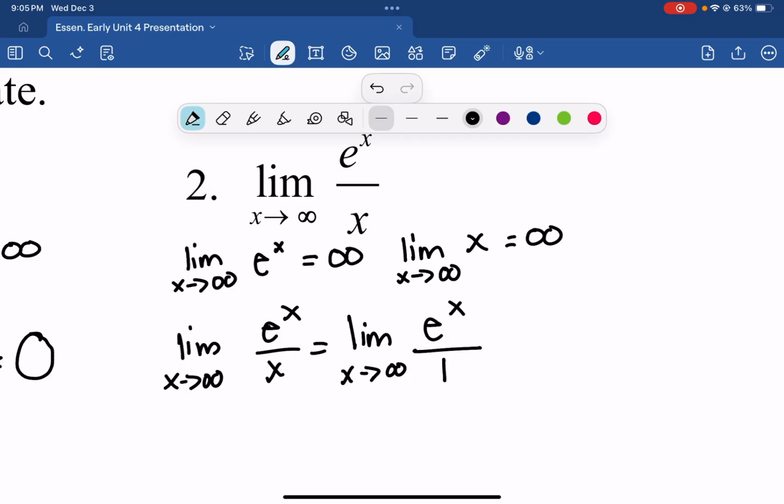So we get the limit as x approaches infinity of e to the x. Right? When I plug in infinity here, we get infinity.